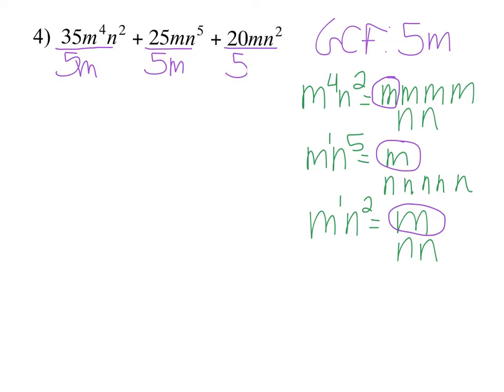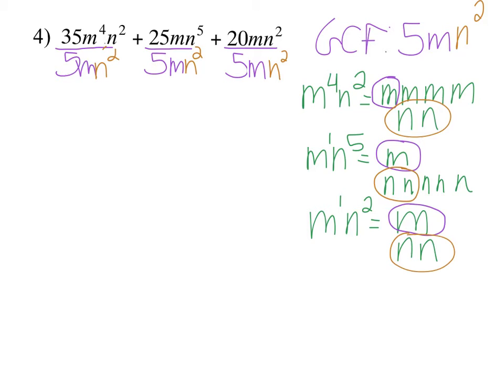I don't want that to look like an N. If your handwriting is what throws you off, you've got to spend a little more time with it. I have 2 n's, 2 n's, and then I have a couple n's in that one, but I can take out 2. So 2 is the most that I could take out there. Okay, n squared.